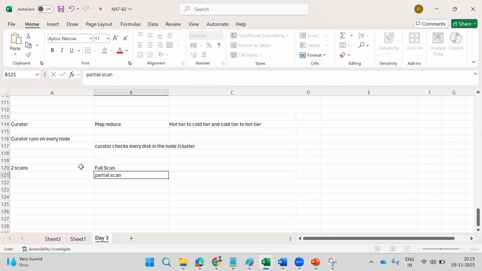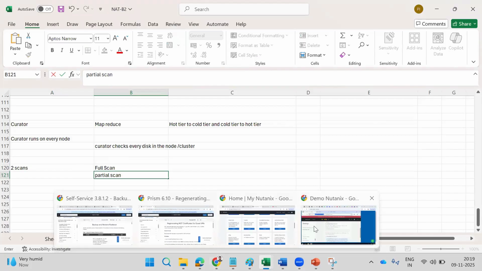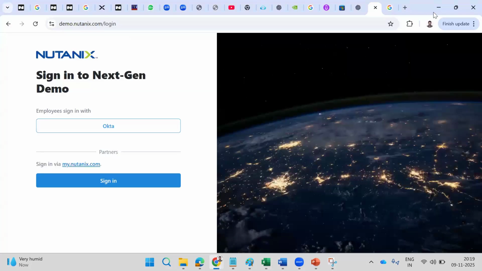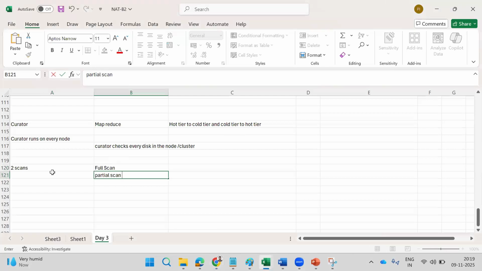The scanning information you can find, as I said sometime back, you can change the port number and find the information. There is a port number available for curator, I forgot the number. If you provide this information, you get when the last full scan happened, when the partial scan happened, and the status of each scan. You can get the report.